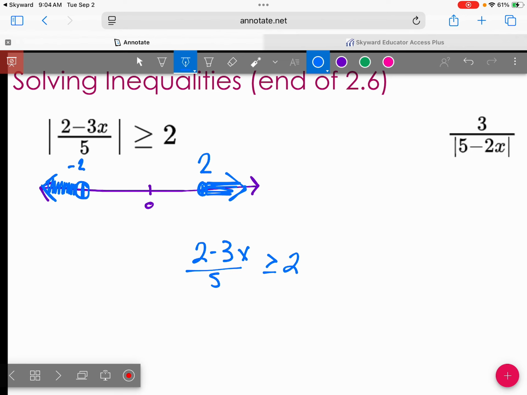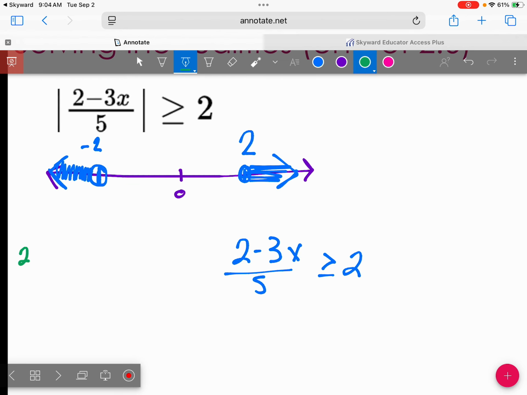Or my fraction, my 2 minus 3x divided by 5, could be less than or equal to my negative 2. So when we have these closed-in greater thans, we need to be really, really careful that we're getting both directions.